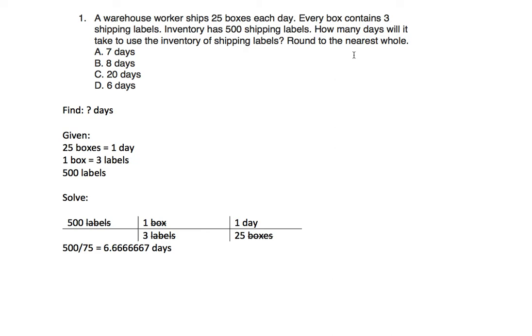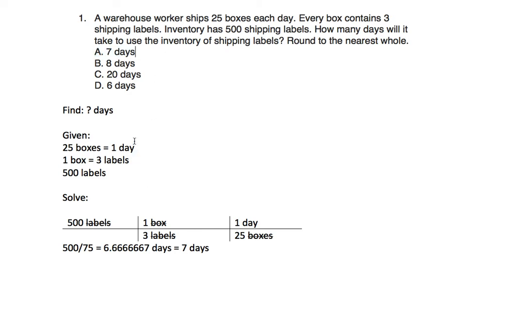And now the only thing we have left to do is to round to the nearest whole. So if we have a number more than 5, which we do, we have 0.6, it rounds up to 7 days, and our answer is A, 7 days.